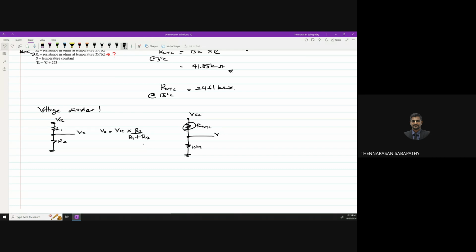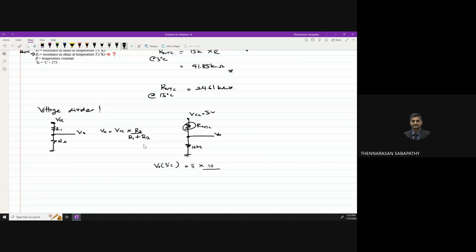Okay, for both cases: 5 degrees Celsius and 15 degrees Celsius. Okay, so for 5 degrees Celsius, V out at 5 degrees Celsius will be VCC. I assume here 5 volt. 5 times R2, which is 10.